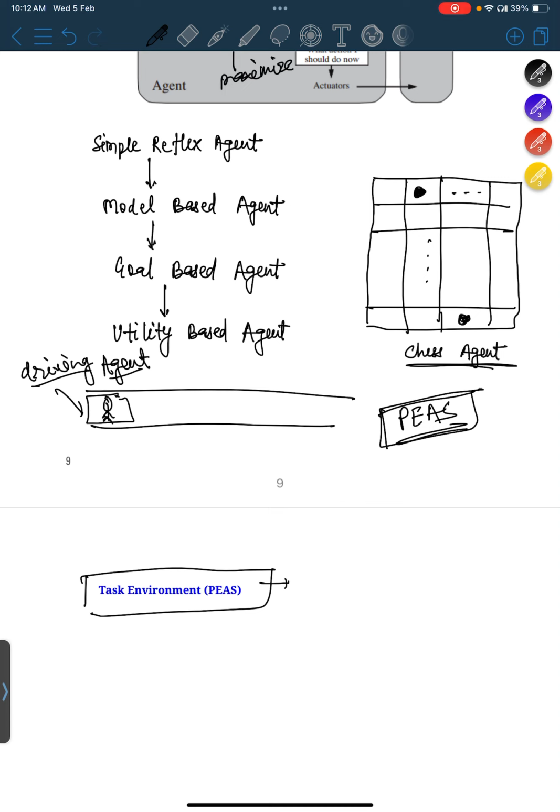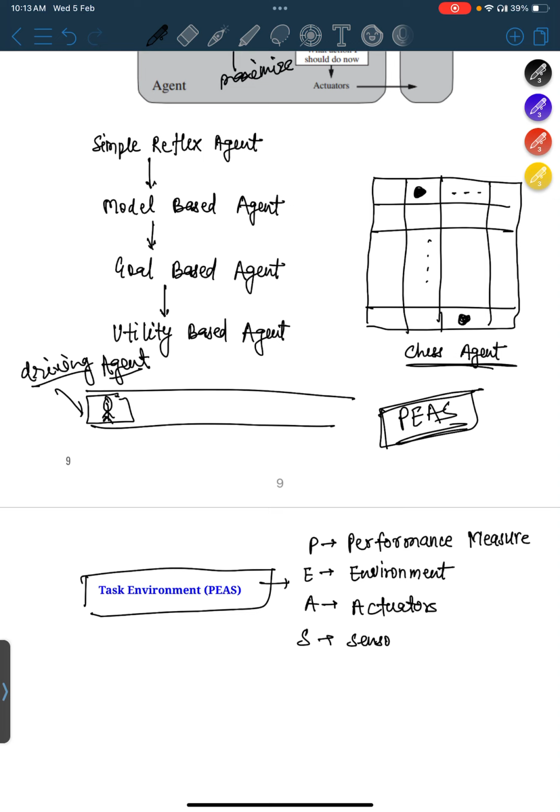So what is PEAS? P stands for performance measure, E for environment, A for actuators, and S stands for sensors.